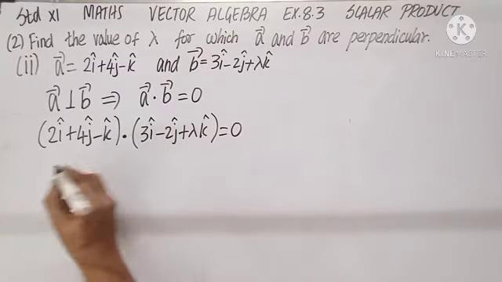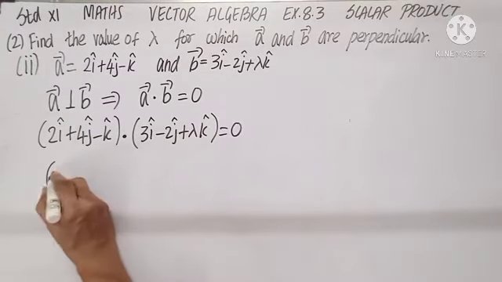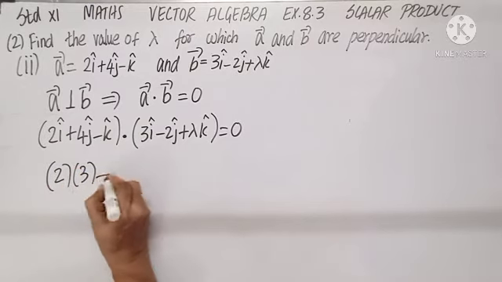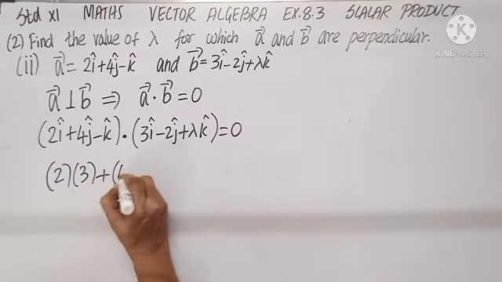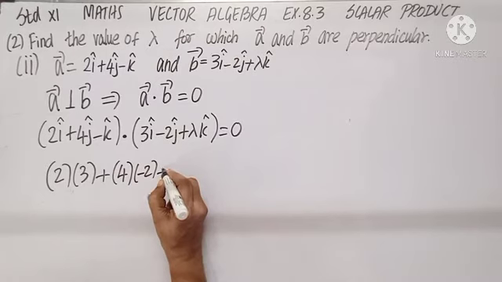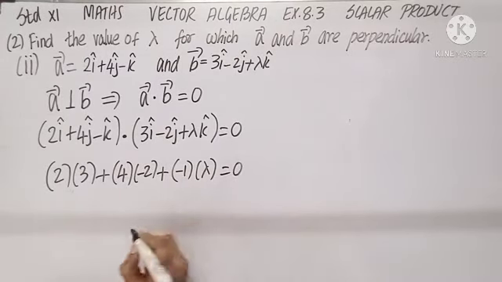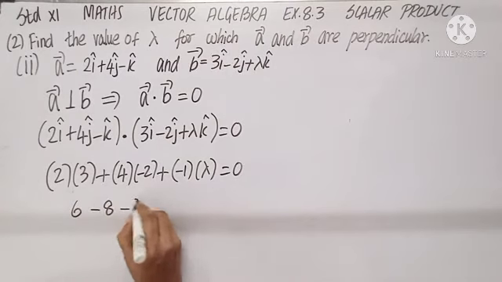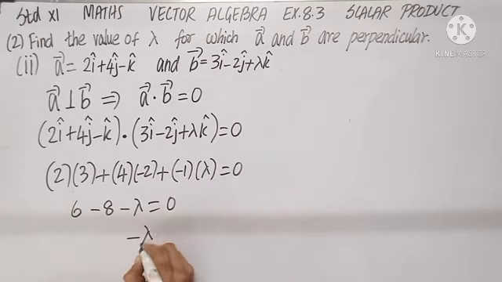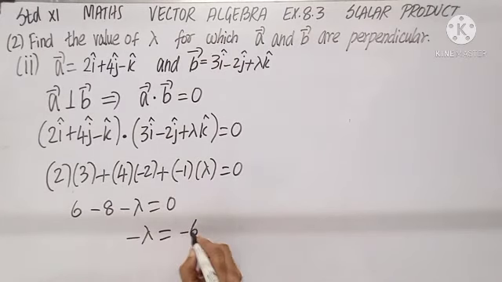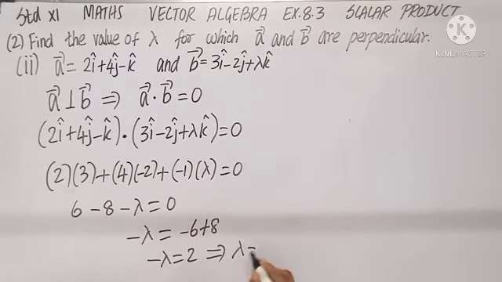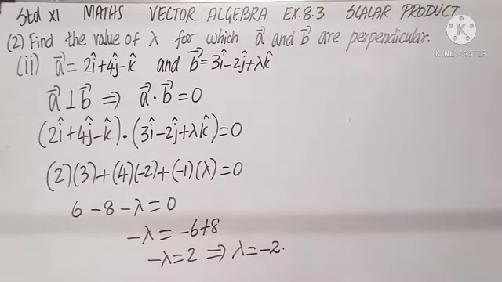How to perform dot product? I and I, 2 into 3. J and J, 4 into minus 2. K and K, minus 1 into lambda, that is 0. 6 minus 8 minus lambda is 0. Minus lambda is minus 6 plus 8. Minus lambda is 2, or lambda equals minus 2.